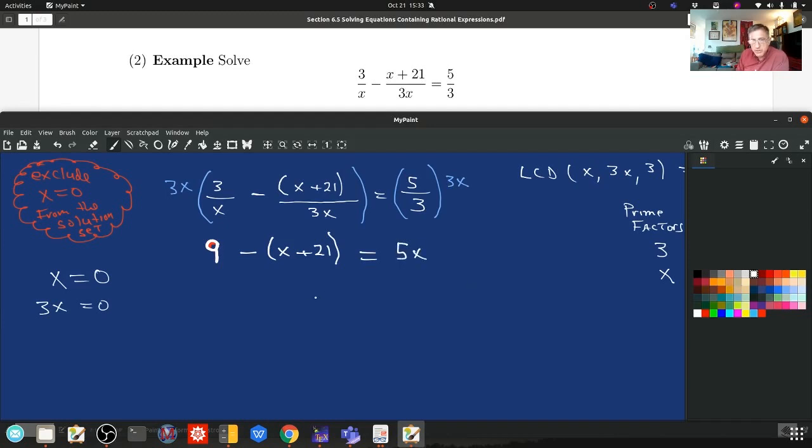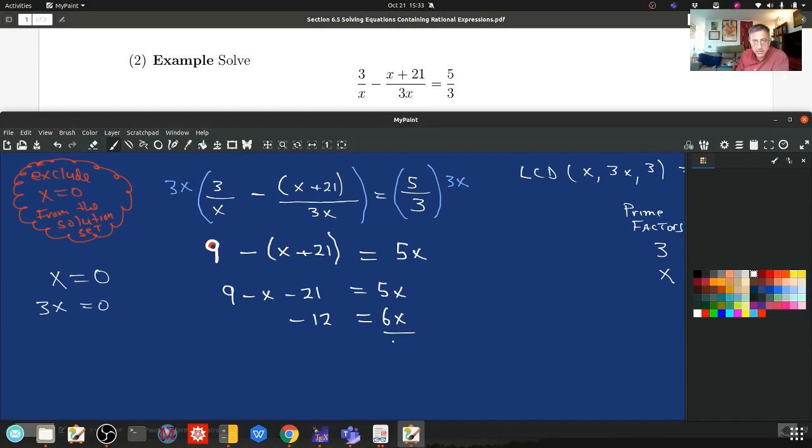So now this is just really nifty to solve. This is 9 minus x minus 21 is equal to 5x. So 9 minus 21 is minus 12. And I'm going to move the minus x over, so it becomes 5x plus x to get 6x.